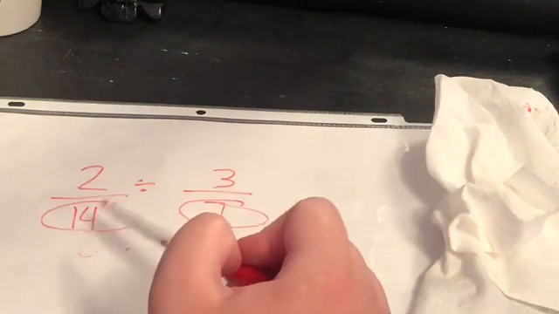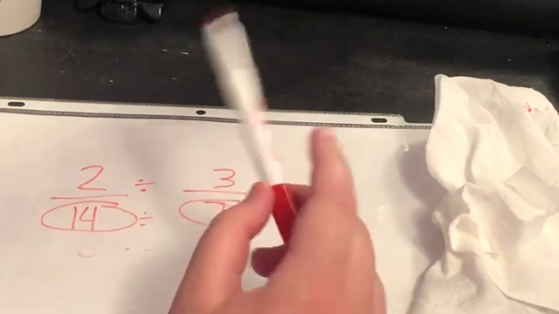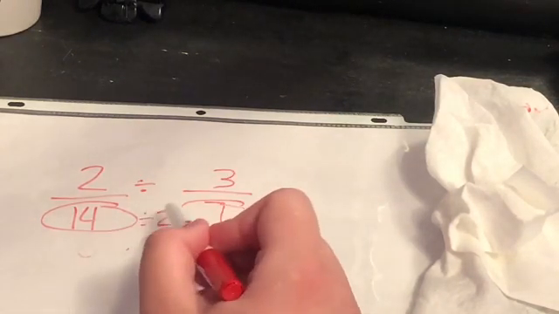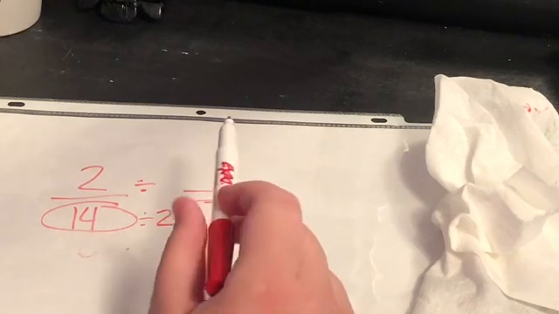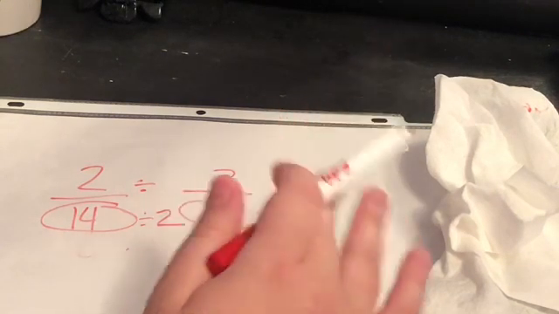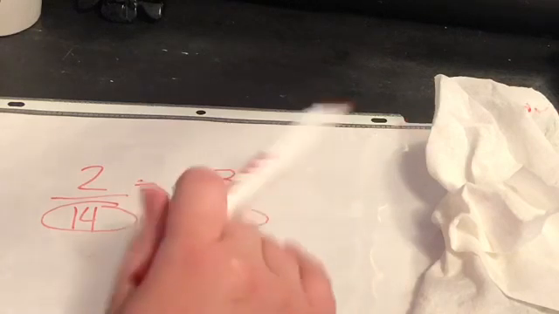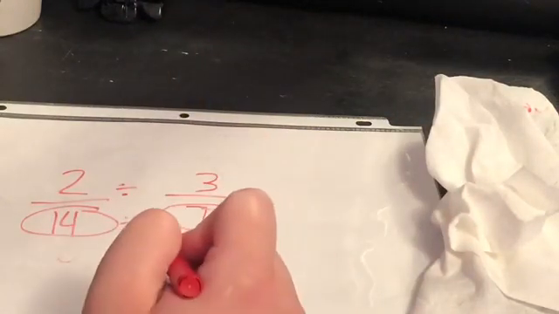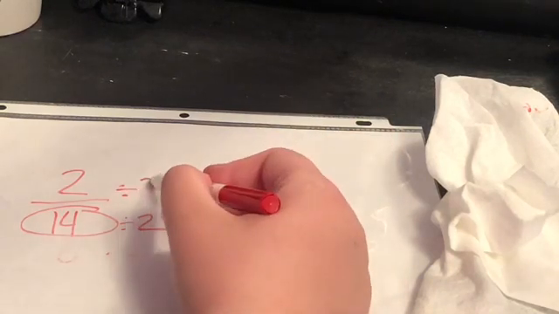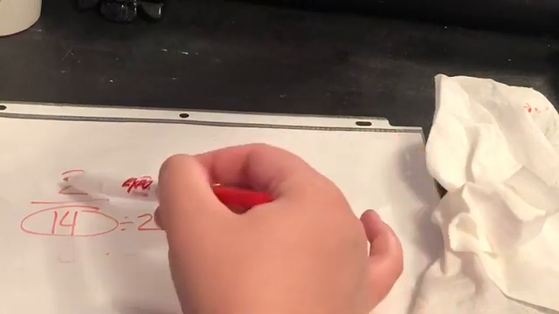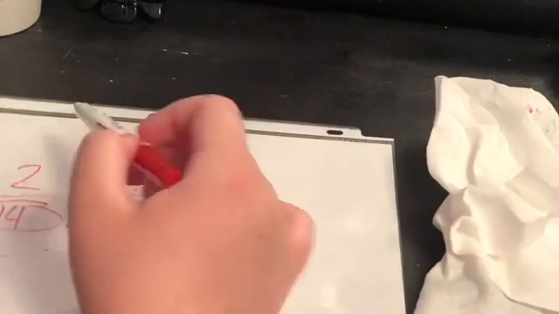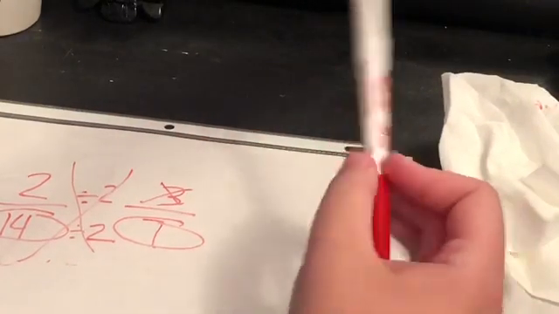What can you divide 14 by to get 7? 2. 14 divided by 2 equals 7. Now, if we're doing equivalent, we know we have to do the same thing to the denominator and the numerator. So since we divided by 2 down here, we have to divide by 2 up here. Now, 2 divided by 2 would be 1, not 3. So they are not equal.